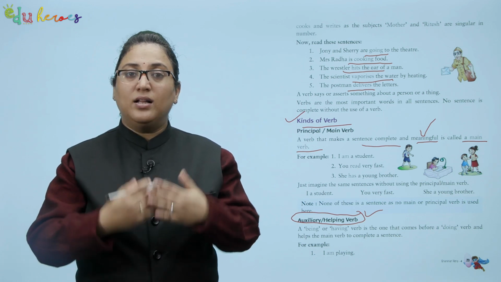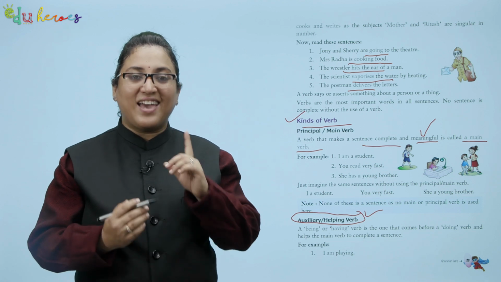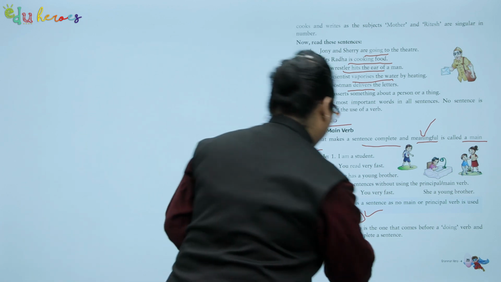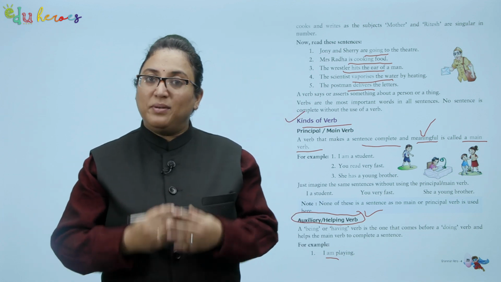For example, I am playing. Here the auxiliary verb is am. The main verb here is playing.